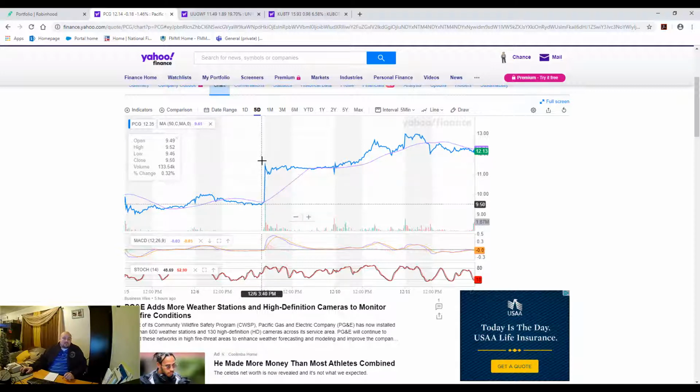So if you would have bought on the 8th or 9th right here, and then rode into the curve, you would have made $3 profit per share.